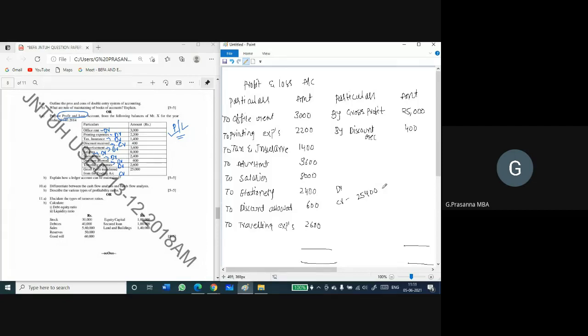Here you can see the debit side total is 23,800. The credit side total is more, so I am writing 25,400 in the debit side and 25,400 in the credit side in the equal column.